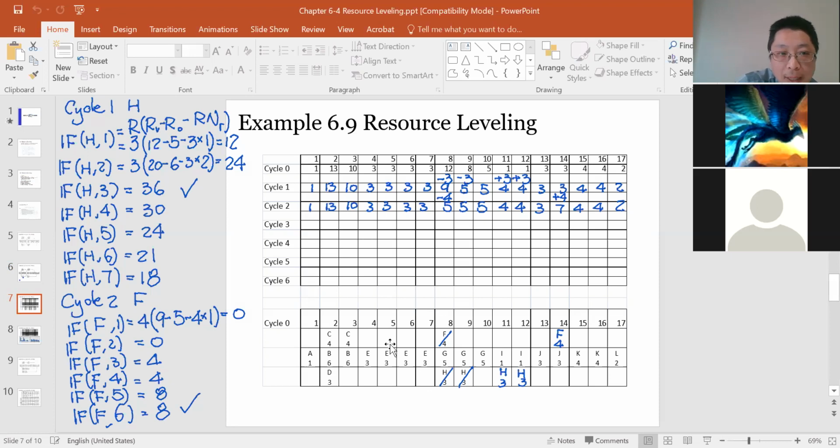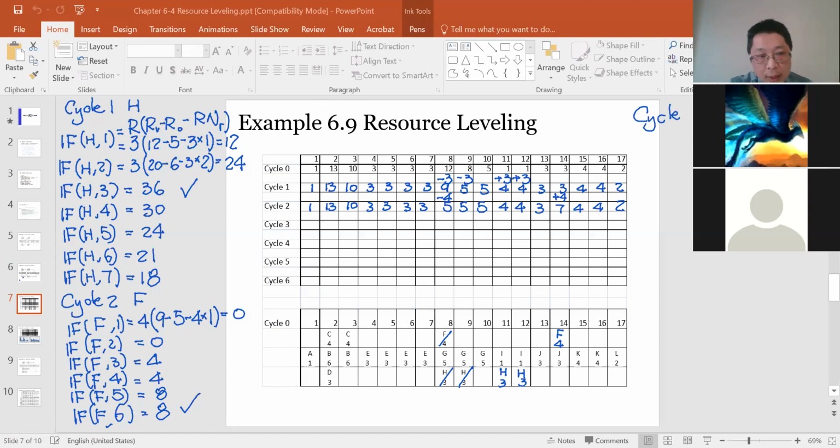In my methodology statement, I don't have the rule for this one. So what should I do? That's why we need a bunch of calculation. So the third step, cycle 3, is to analyze C and D in parallel and compare them. C has a free float of 4, D has a free float of 5.